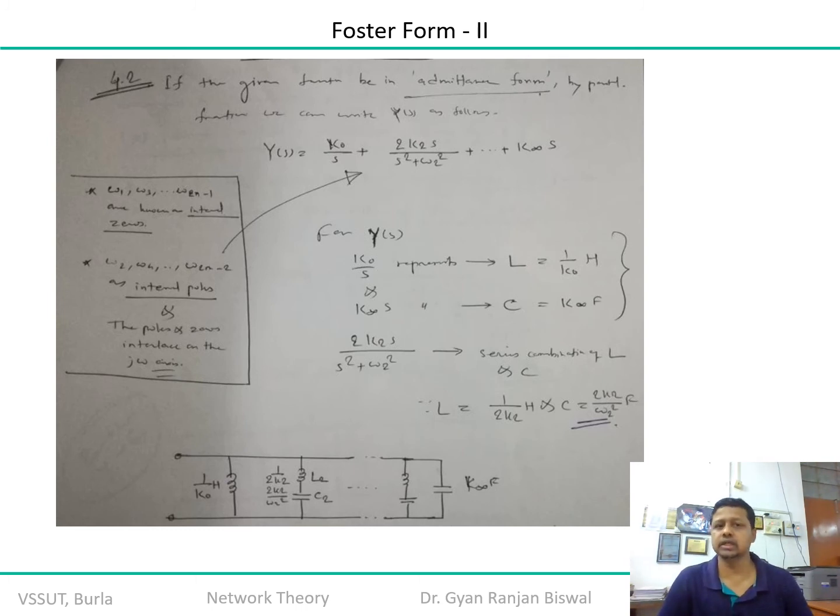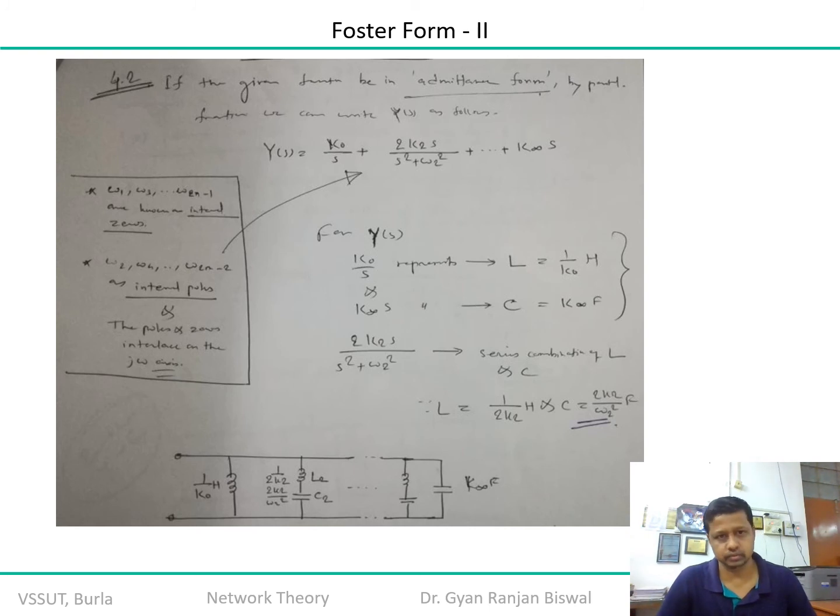It is represented in this way: K0/s plus 2K2s/(s² + ω2²), and all the even harmonic combinations of the imaginary pairs of poles, and the last term which exists at infinity, K∞s. So rather than the impedance function, we now consider the admittance function.